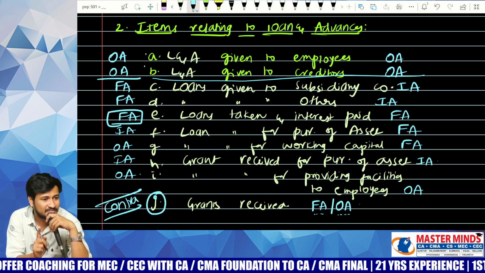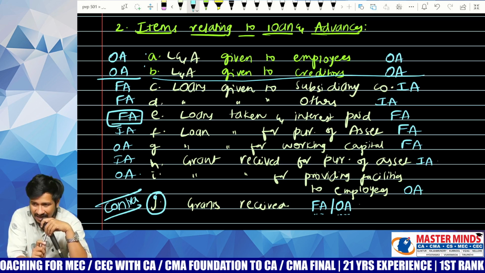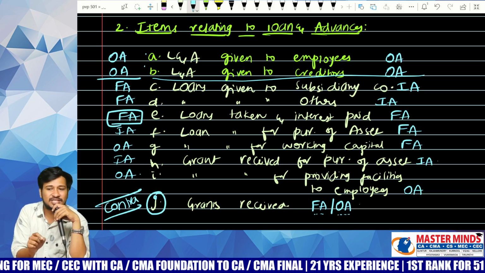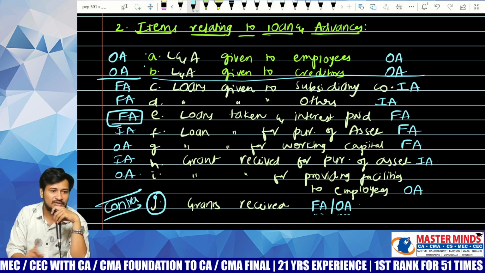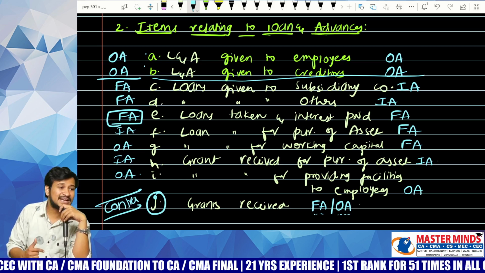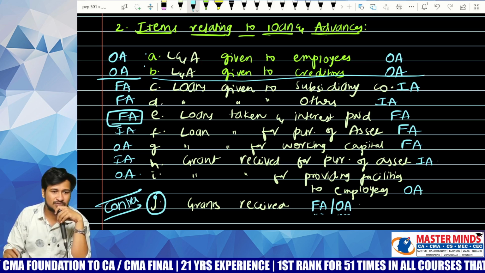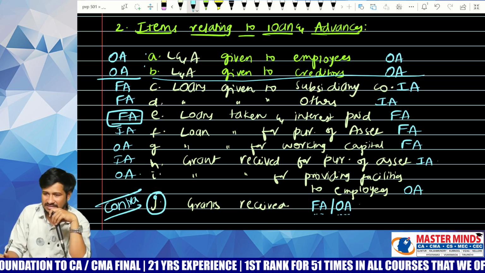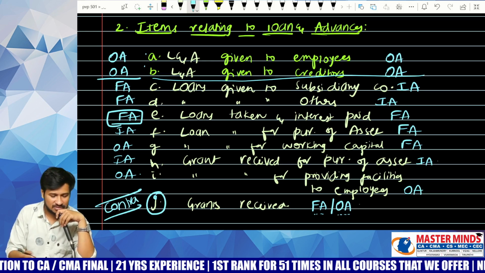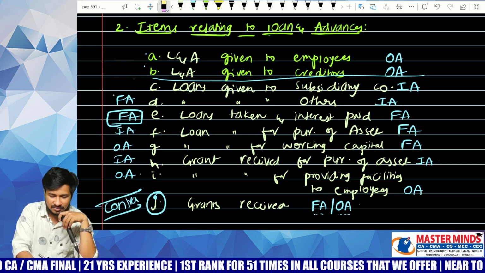The Expert Advisory Committee of ICAI had given a notice that grant has to be checked with the purpose, loan shall not be checked with the purpose, because grant will not be repaid, loan has to be repaid. This is what the notice contains. Understood? That's it, and you can just copy.